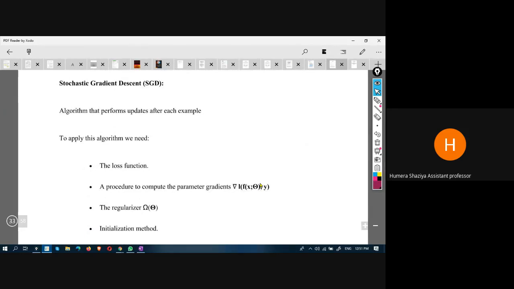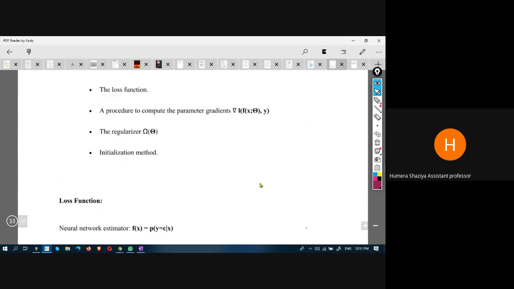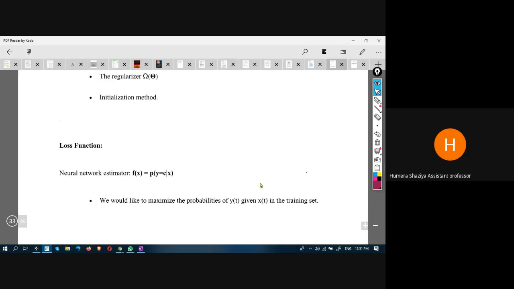Stochastic gradient descent. This is an optimization method wherein you train every data element separately. And then you combine the loss of every data element, and then you find the loss function for the entire model. If you have 60,000 images, each one you train separately and obtain the loss function.